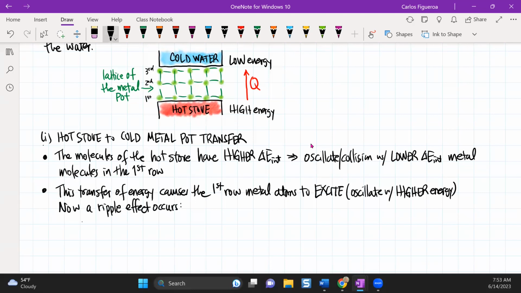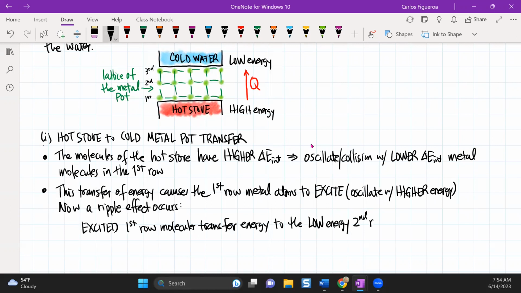So now the excited first row transfers energy to the low energy second row molecules.